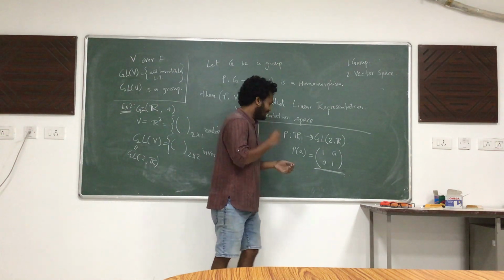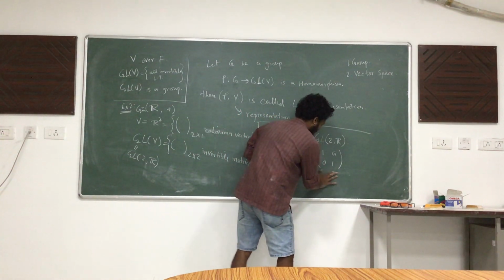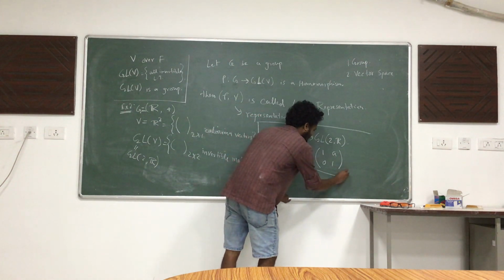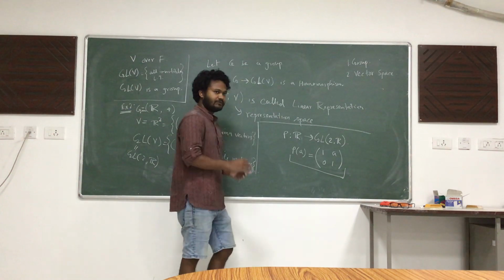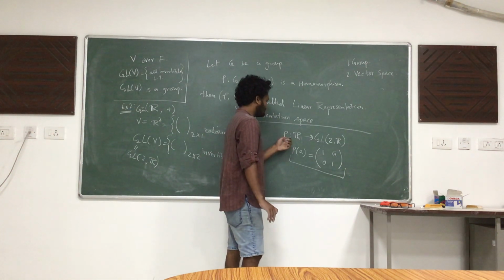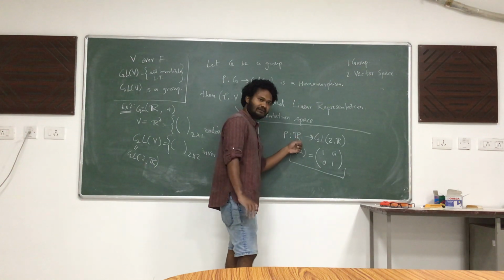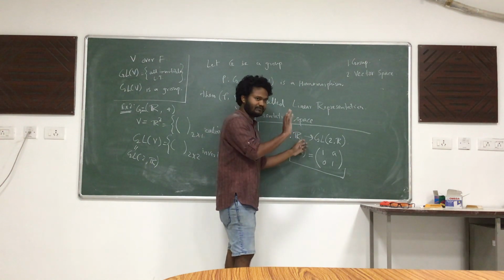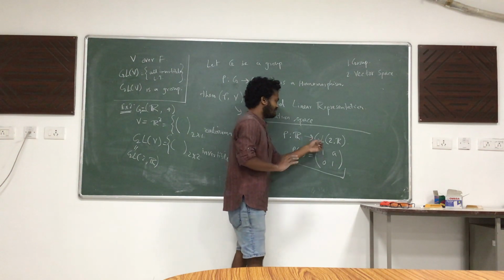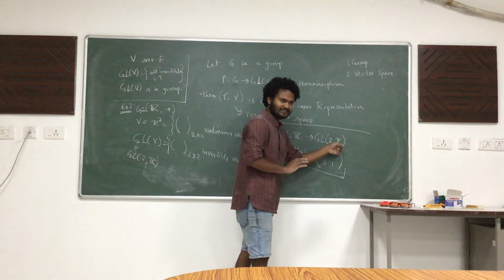Right. Now let us see first whether this is the correct map that has been defined or not. For it to be a map, we have to check that for all the elements, I am sending this to some element of this set.